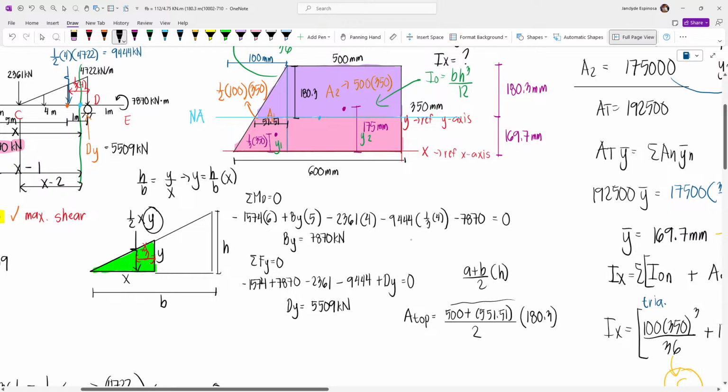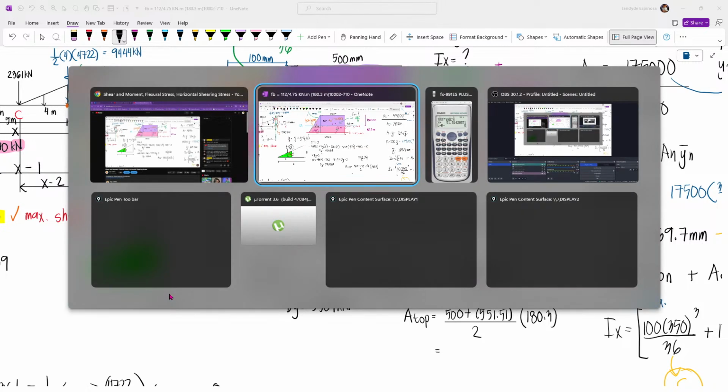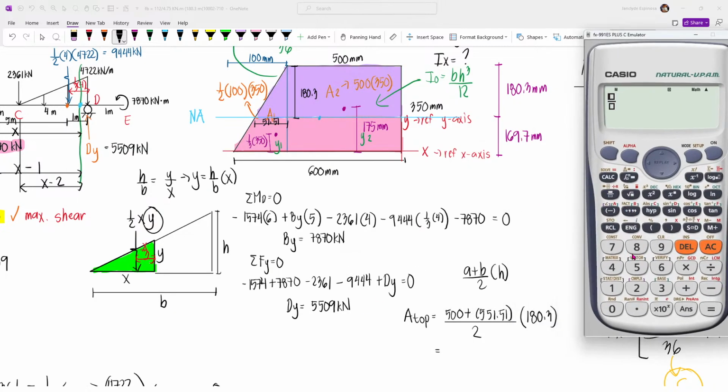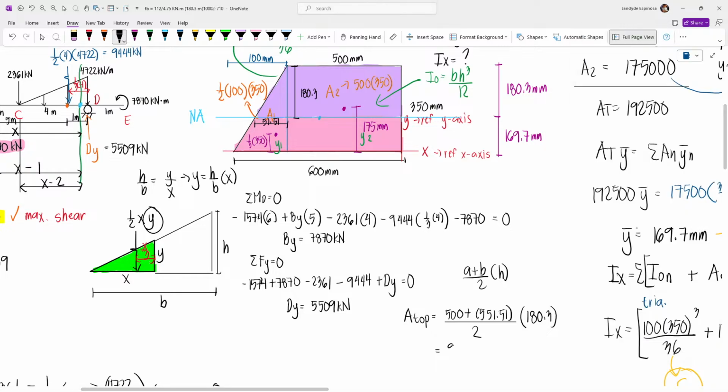Again, the two sides in the formula must be the parallel sides. So what is the area of the top? (500 plus 551.51) over 2 times 180.3 gives 94793.63 mm squared.